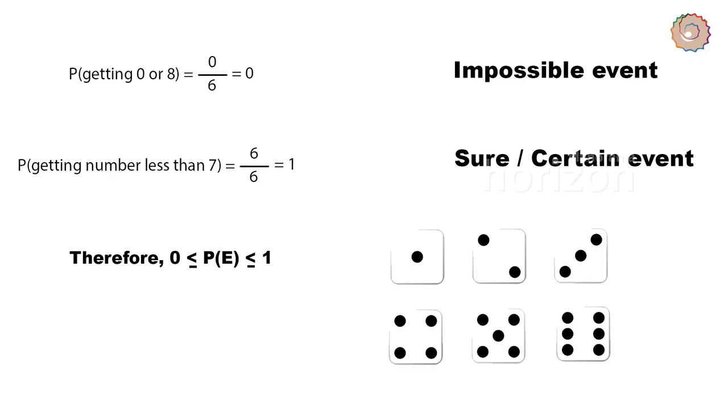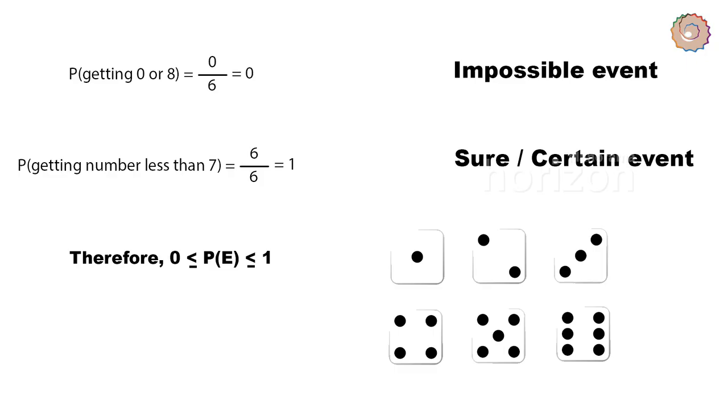In other words, getting 8 or 0 in a single throw of a die is impossible. So, P of getting 0 or 8 is 0 divided by 6, which is equal to 0. That is, the probability of an event which is impossible to occur is 0. This particular event is called an impossible event.